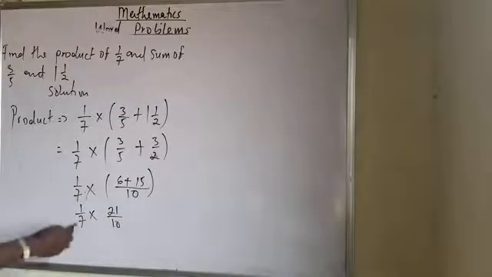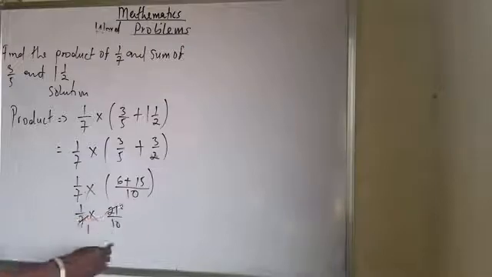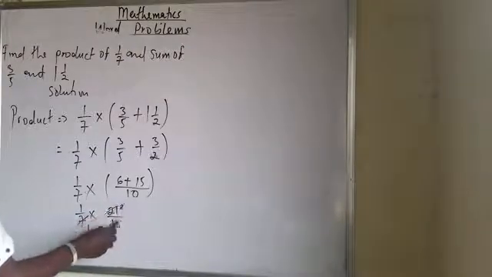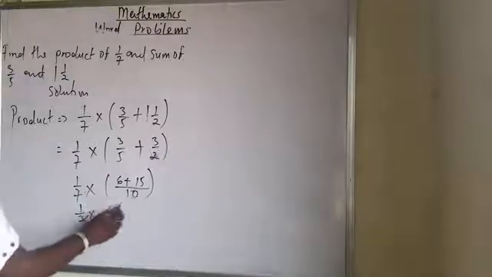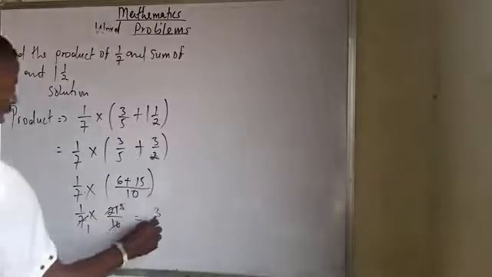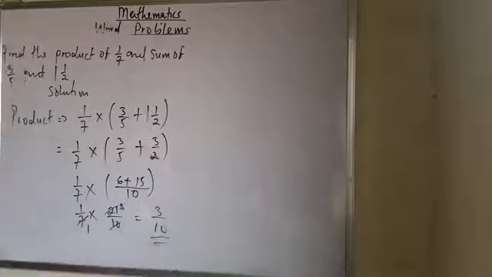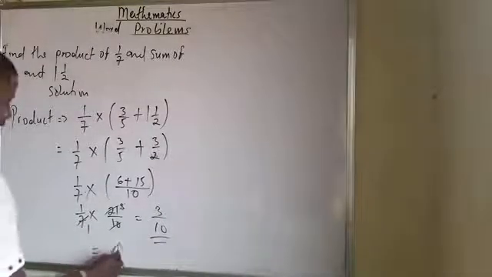Now, it means I'll be having 3 over 10. That is my final answer, which in decimal is 0.3.